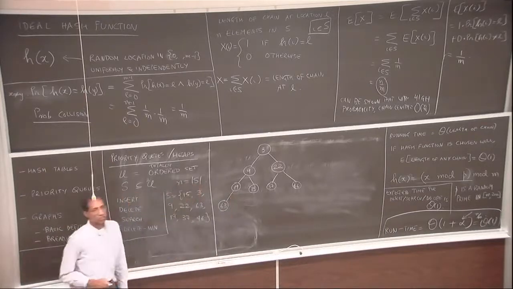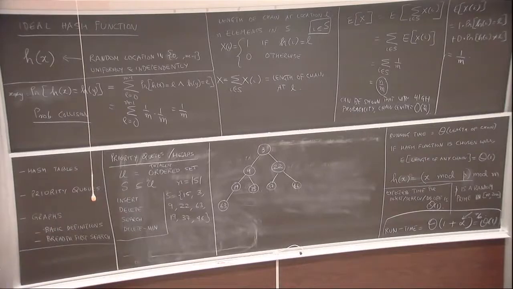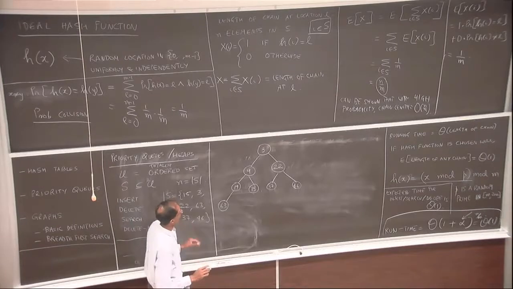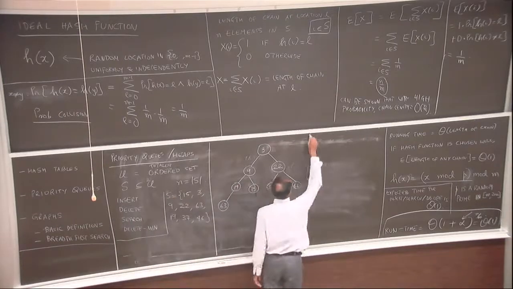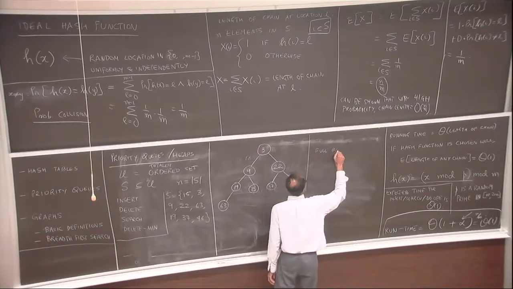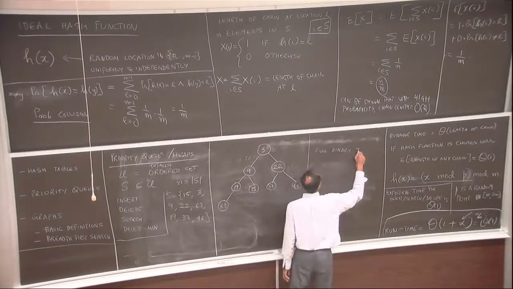Okay, so this is an example of a heap or a priority queue. The only thing that matters for you in this picture is that it would be balanced, and actually it's referred to as a full balanced binary tree.